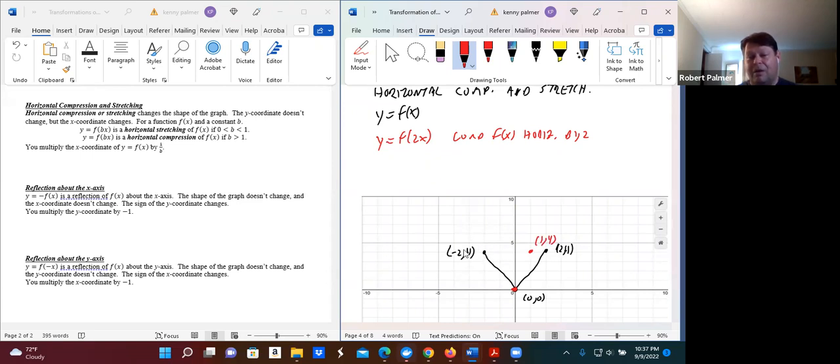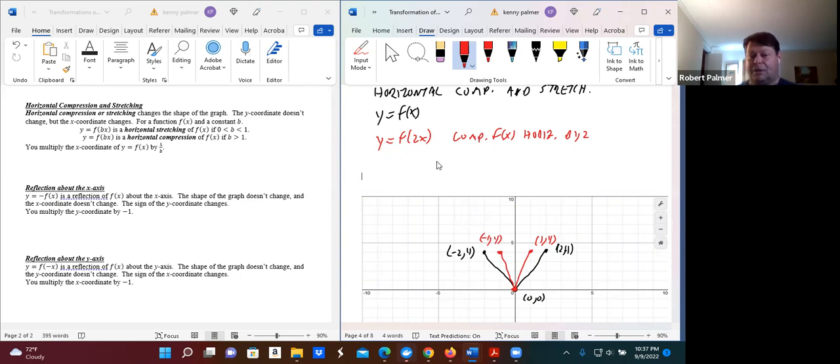Similarly over here, we'll multiply the x-coordinate by 1/2, and that's going to be -1 and 4. So now this is our graph. See, it's compressed horizontally. We take it and push it together, kind of like an accordion. Essentially it is now half the width. So that is horizontal compressing.